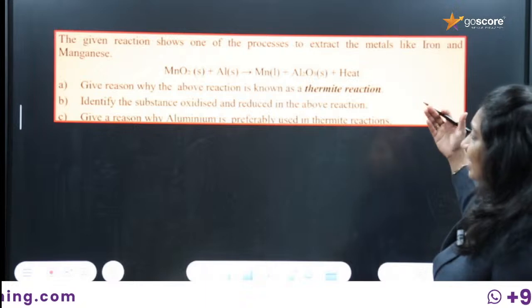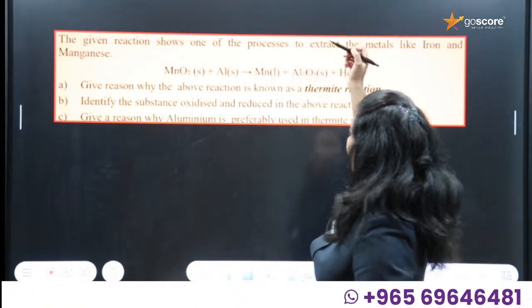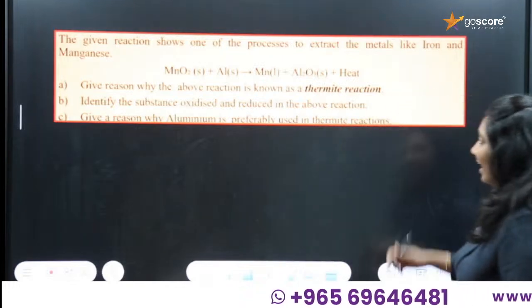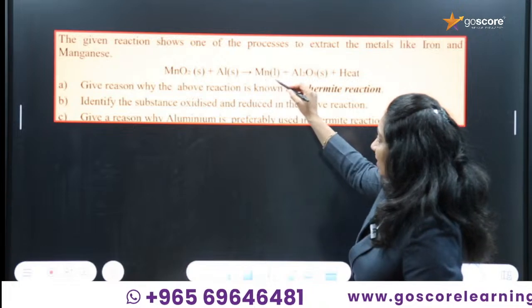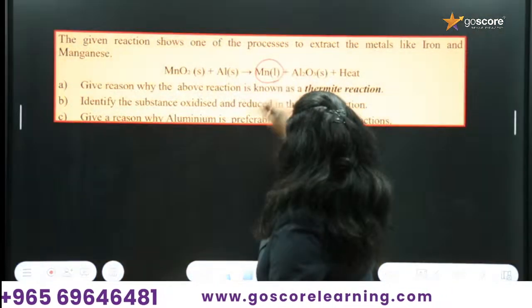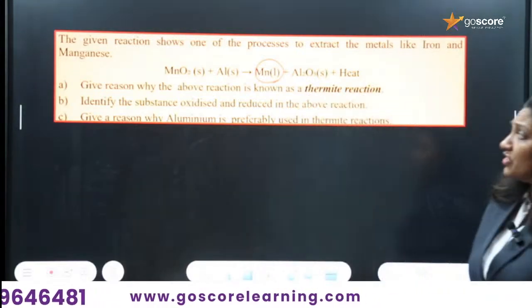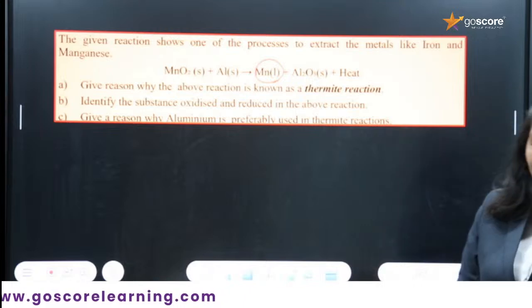The given reaction is MnO2 plus aluminium gives manganese plus aluminium oxide, and heat is liberated. And here you can see the extracted manganese is in the liquid state, right? Give reason why the above reaction is known as thermite reaction.